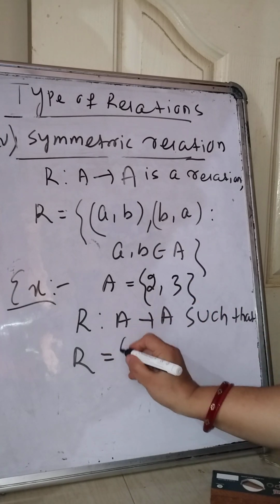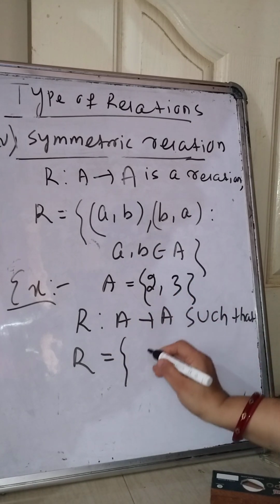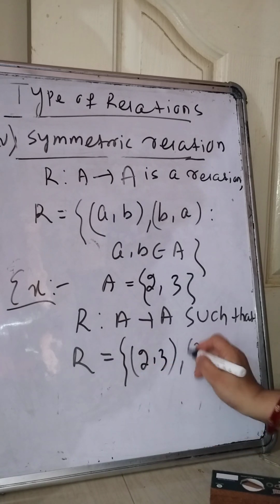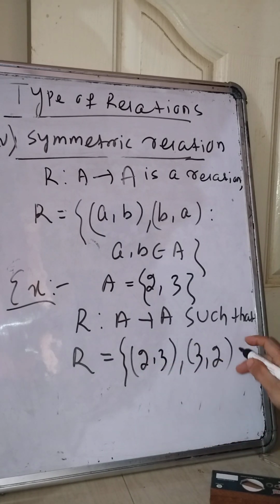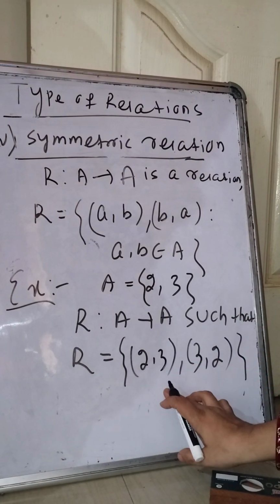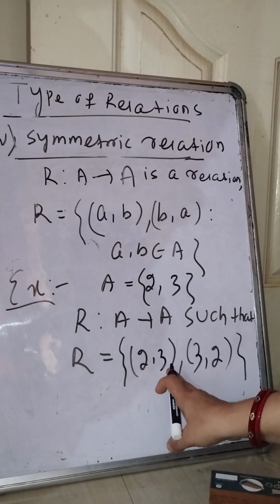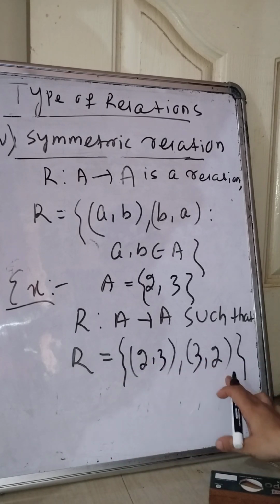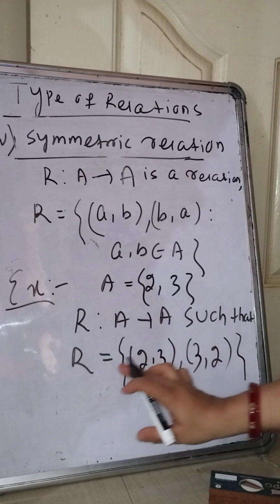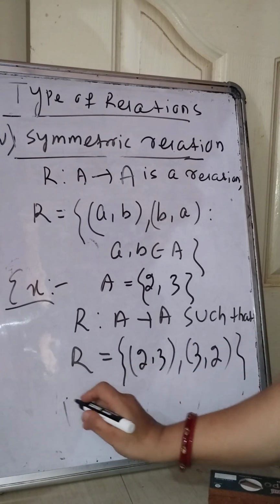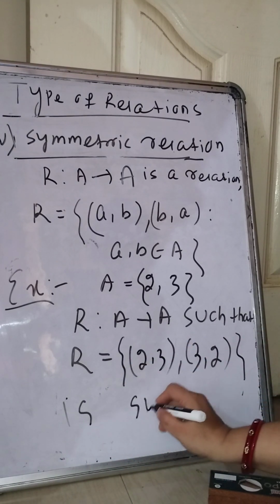But if R is the relation of only the ordered pairs 2 3 and 3 2, then this relation will be symmetric. Here 2 is related to 3, this ordered pair is present in the relation, and simultaneously 3 is related to 2, this ordered pair is also present in this relation. So this type of relation is a symmetric relation.